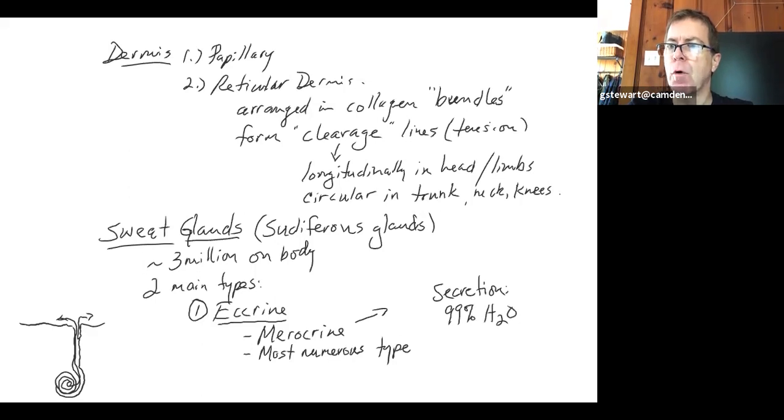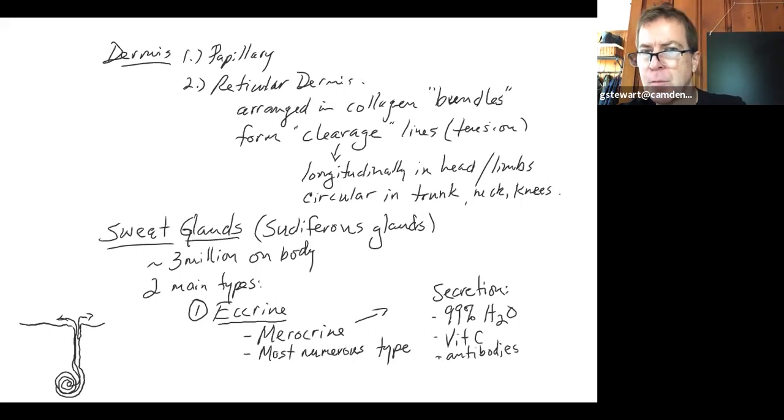So it's mostly water. Some salts, sodium chloride is mixed in there. It also contains typically some vitamin C, antibodies to help fight non-symbiotic, aka bad bacteria on the surface of our skin.